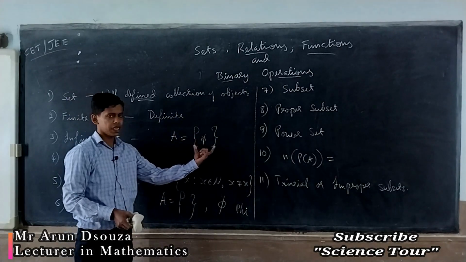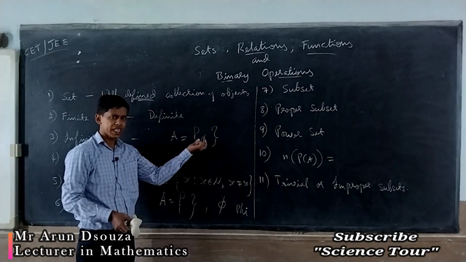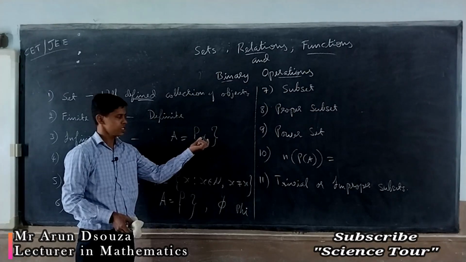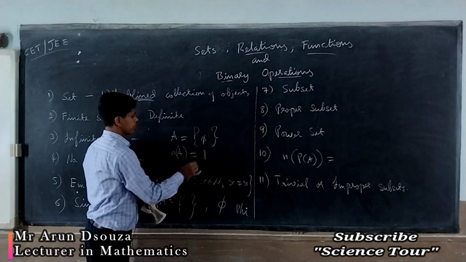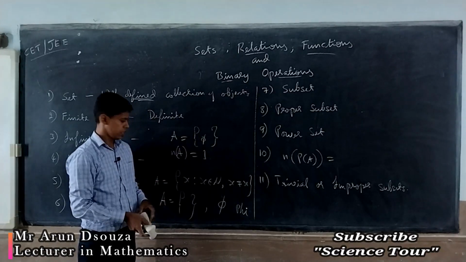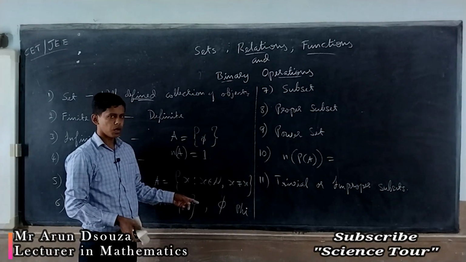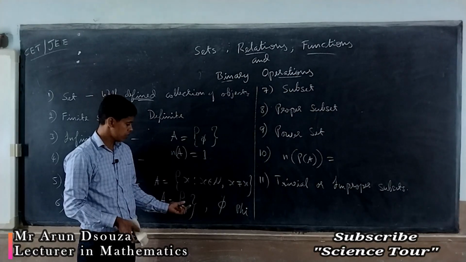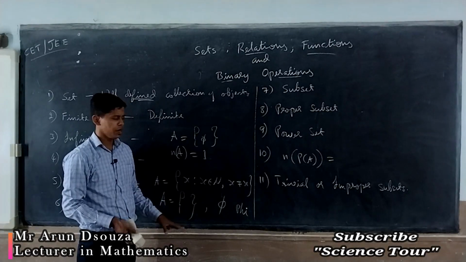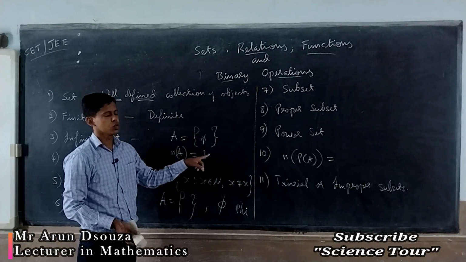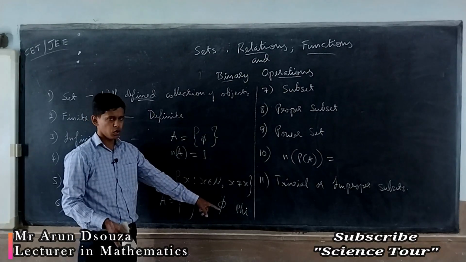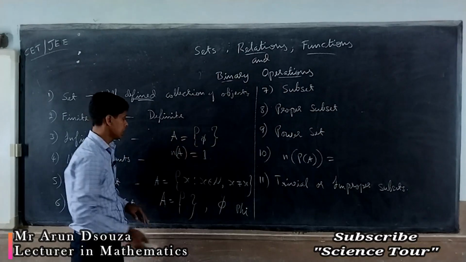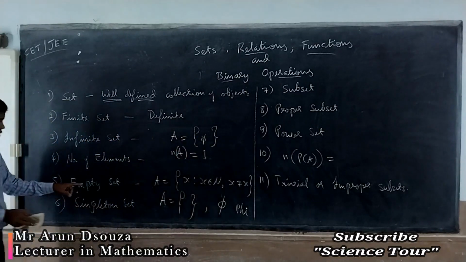This is a set which includes phi. So this has one element. Here the number of elements is 0. You don't have any element. Here you have one element. So don't make this mistake. This is not an empty set. This is an empty set. This is also an empty set, but this is not an empty set. Remember that. So that is about empty set.